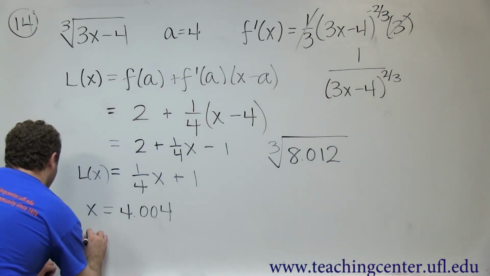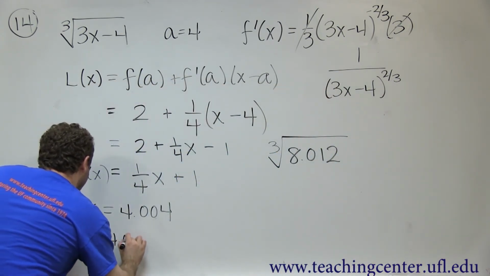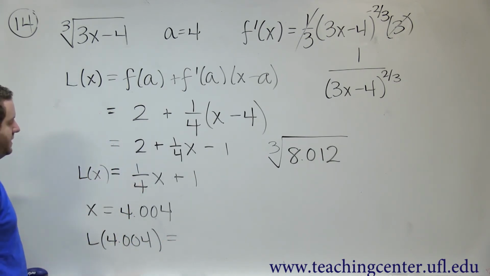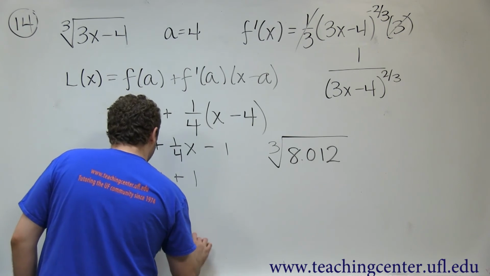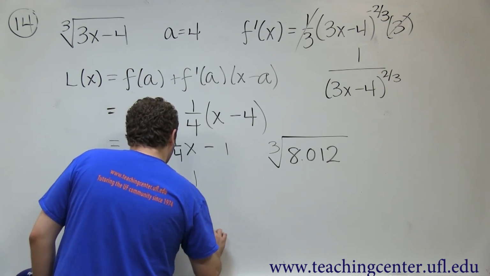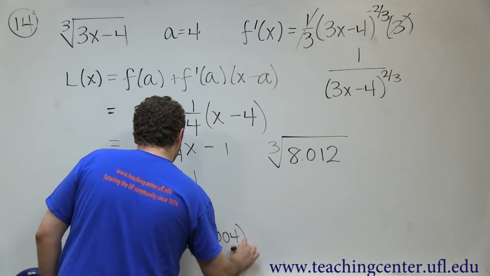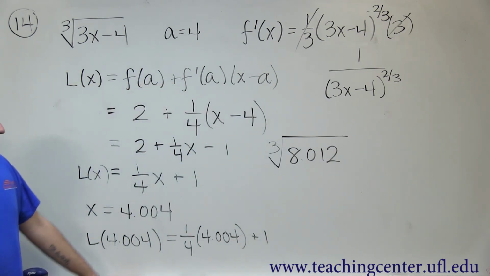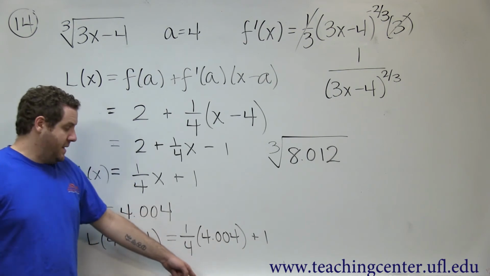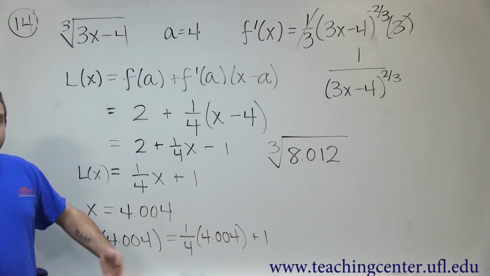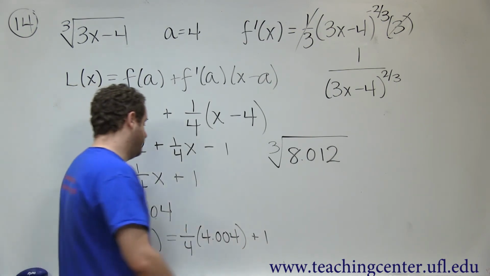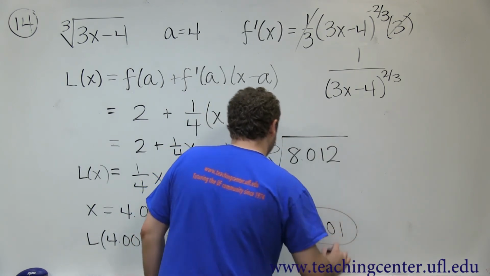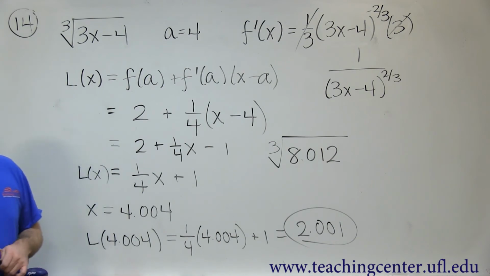So we just plug that in. So what's L of 4.004? Well, we just plug that in here. We would get 1/4 of 4.004 plus 1. 4.004 divided by 4 would just be 1.001 plus 1 gives us 2.001.